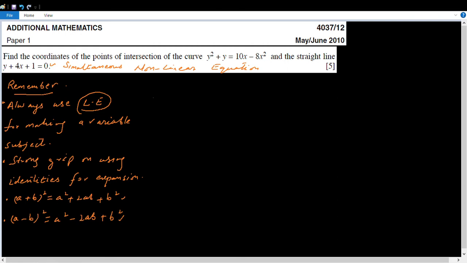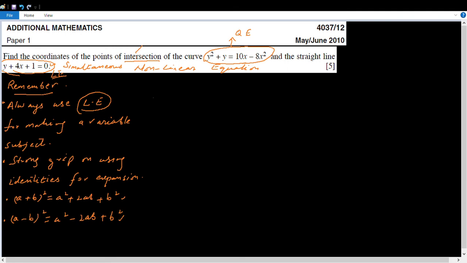How will you identify that this question is a question of simultaneous nonlinear equations? Whenever they are saying the word intersection of two equations, like if this one is quadratic, as you know, and this one is a linear equation, whenever they are intersecting, they are always solved simultaneously.